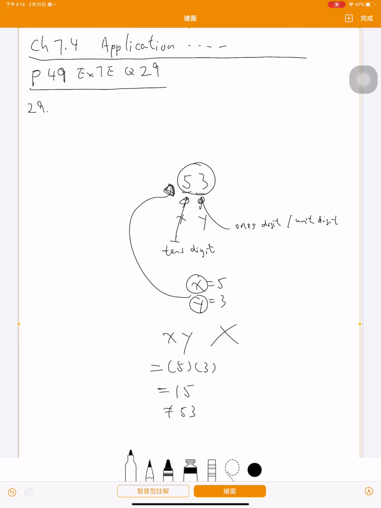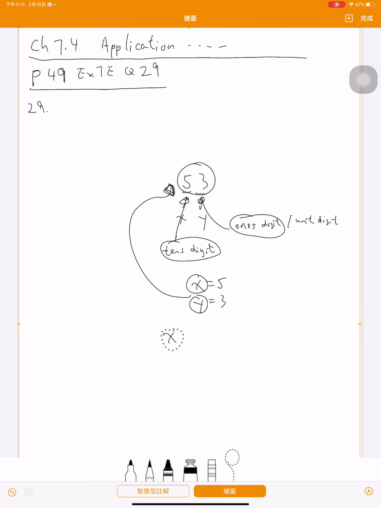We need to use the base value of these cells. What does it mean? For the 53 here, the 5 means we have $10, right?